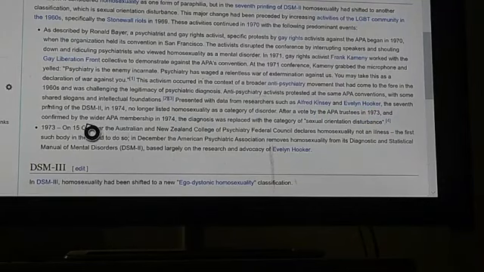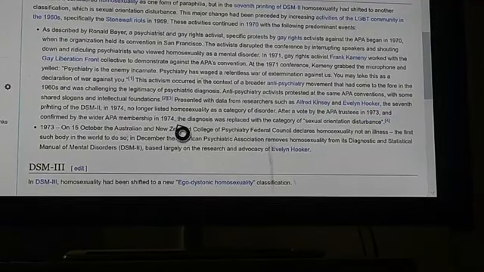The seventh printing of the DSM-2 in 1974 no longer listed homosexuality as a category of disorder. After a vote by the APA trustees in 1973 and confirmed by the wider APA membership in 1974, the diagnosis was replaced with a category of sexual orientation disturbance.